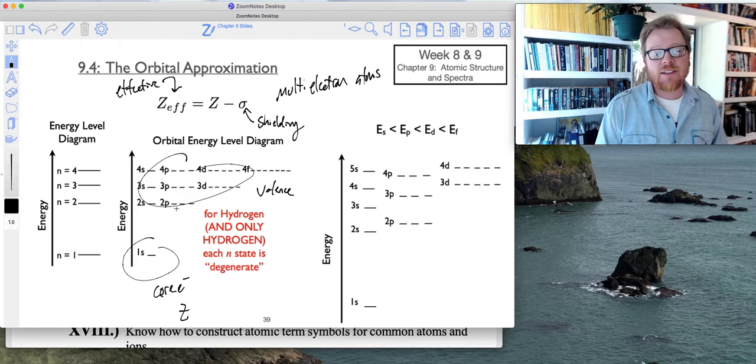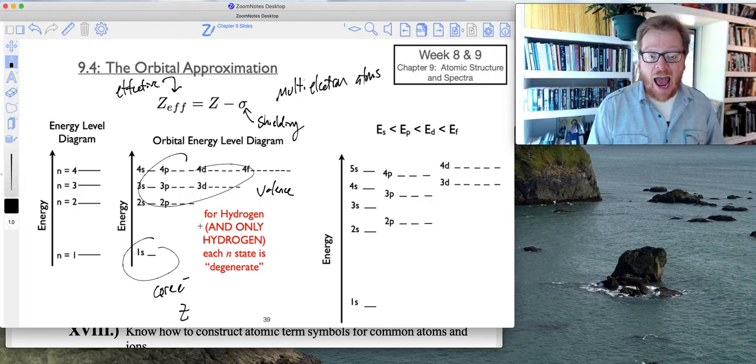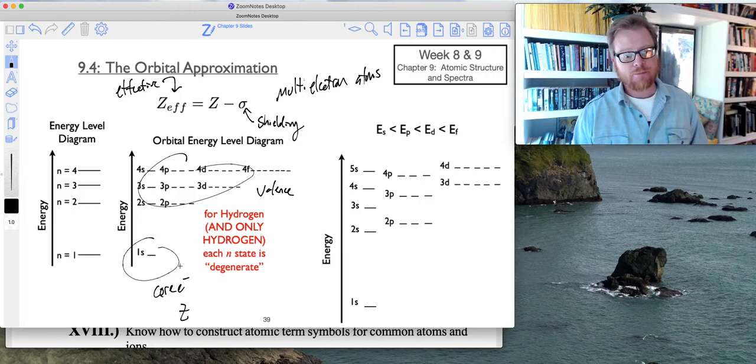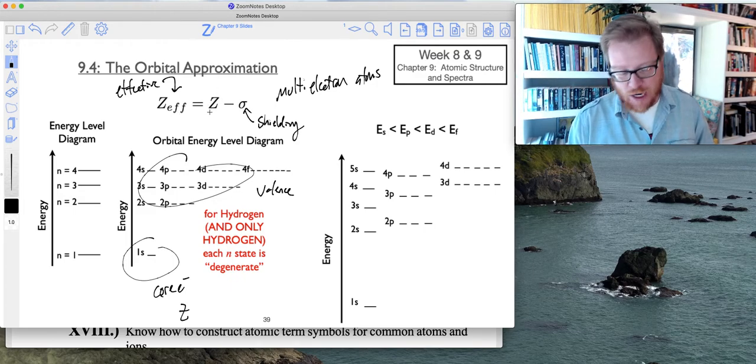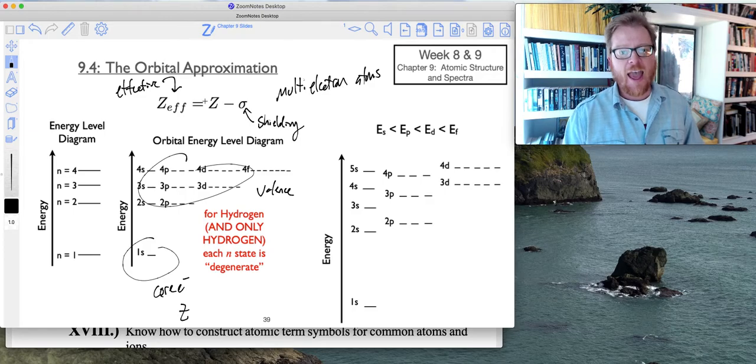So that means for multi-electron atoms, okay, the effective charge won't necessarily be the number of protons. All right? And a result of that is it splits the subshells.